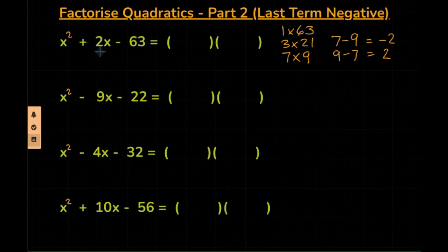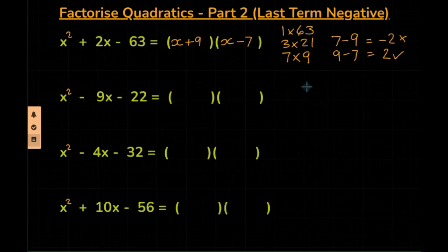I want plus 2. So this is right. 9 minus 7 gives plus 2, and 7 minus 9 is wrong because that gives minus 2. So I want x plus 9 and x minus 7. The 9 times minus 7 gives minus 63, and the 9 take away 7 gives 2. And there we go, we have the right answer.